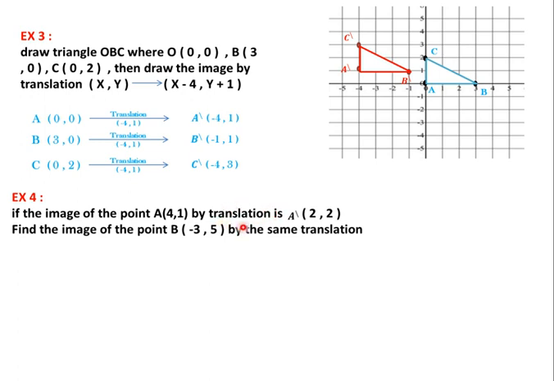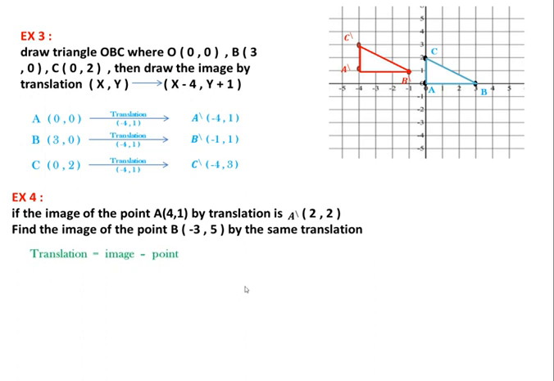But what is the translation? We will get it by what? We have some rules we said before. To get the translation, we subtract the point from the image. The translation equals image minus the point.